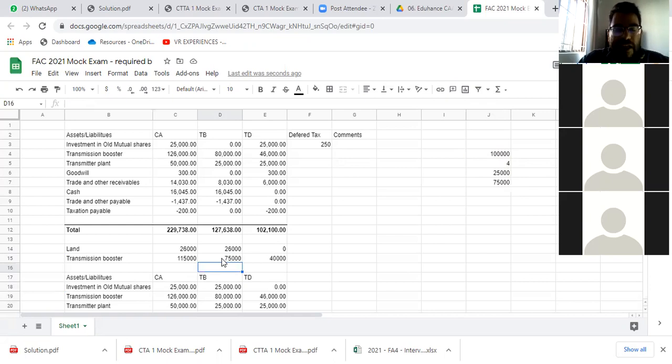Now obviously for tax purposes, there are two aspects over here: a CGT rate as well as a normal income tax rate. Because the transmission booster exceeds the cost price, 15,000 would be at the CGT rate, and the difference from 75 up until 100,000, which is 25,000, will be accounted for using the normal tax rate, and then the 15,000 using the CGT rate.